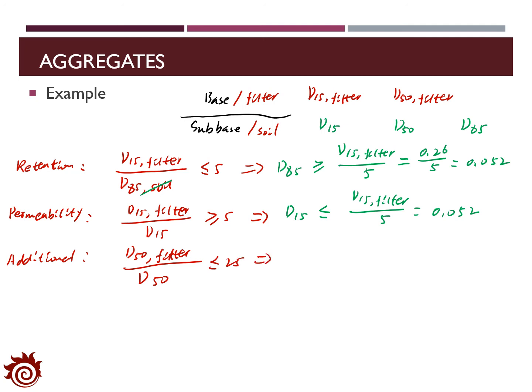That is D50 is higher than D50 filter over 25. So we have the value as 0.53 over 25 equal to 0.0212. So that's the conditions we gather from the base and subbase.